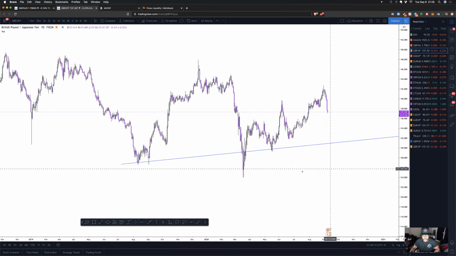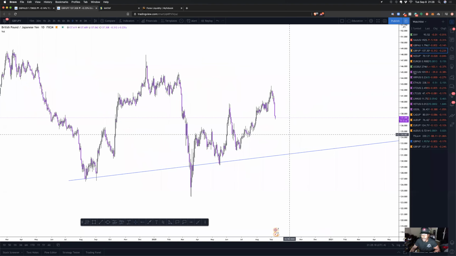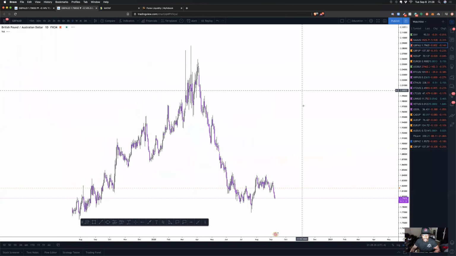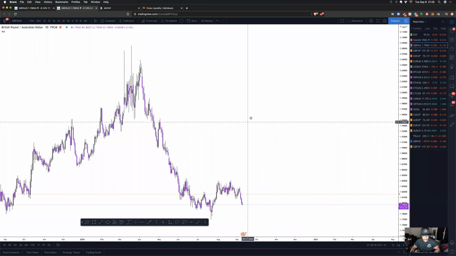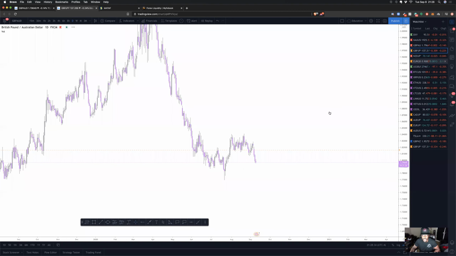Yeah, I wanted to touch on what you were just saying about the impulsive move, like the lower time frame moves for the bigger move. So let's just look at GJ really quick.